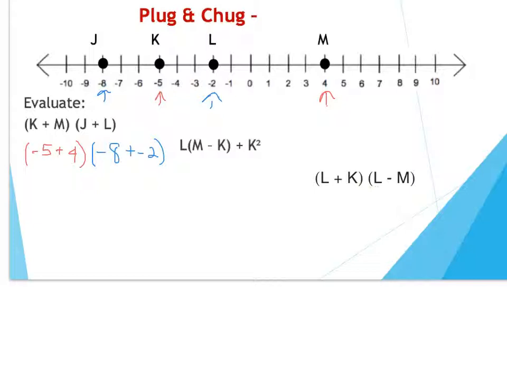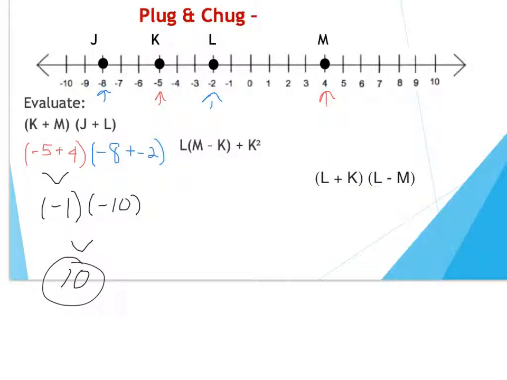Order of operations, let's solve what's in our parentheses. -5 plus 4 is -1. They're different signs, so I subtract, and I have more negatives. In my next parentheses, I have -8 plus -2, which is -10. -1 times -10 is +10.